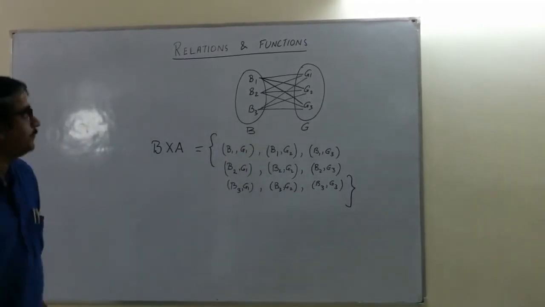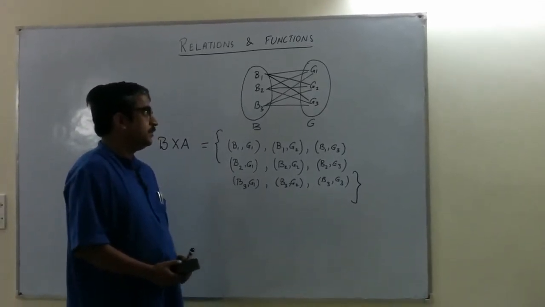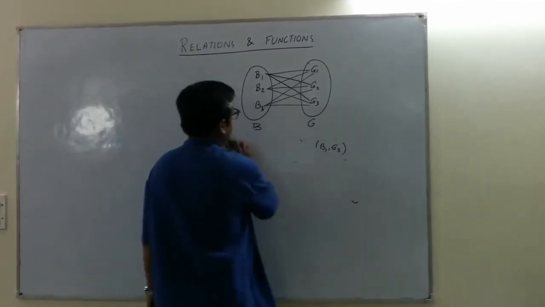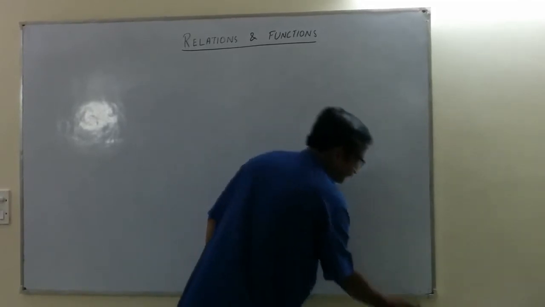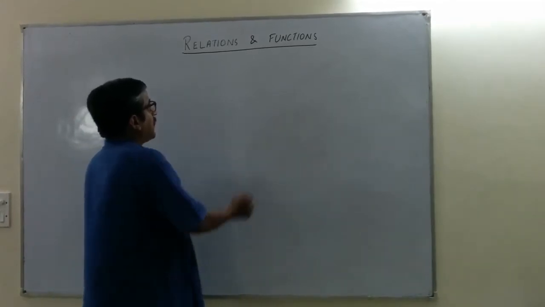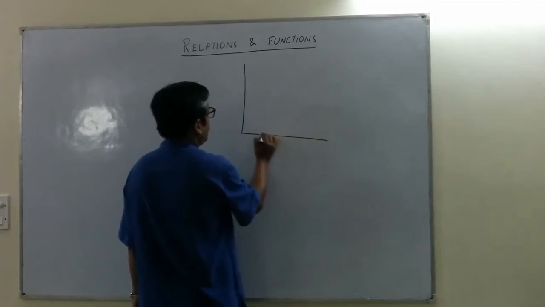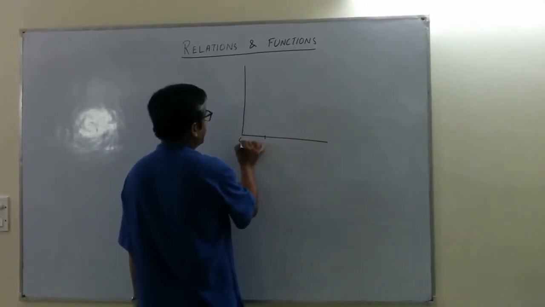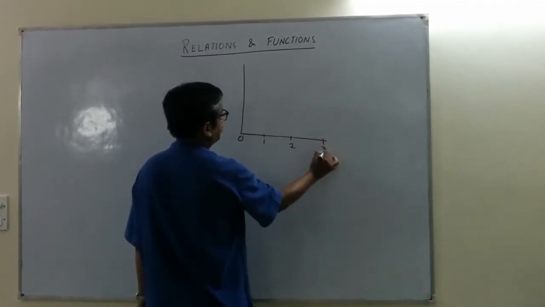Now we will take another example, the example of the Cartesian system. For simplicity, we will keep only the natural numbers, and that too only up to 3.